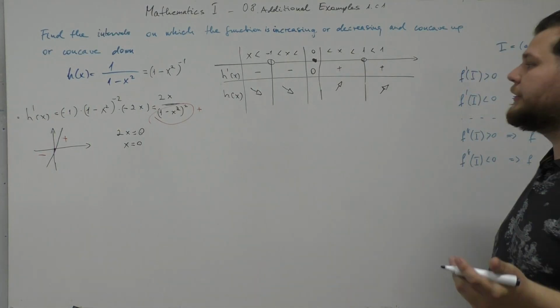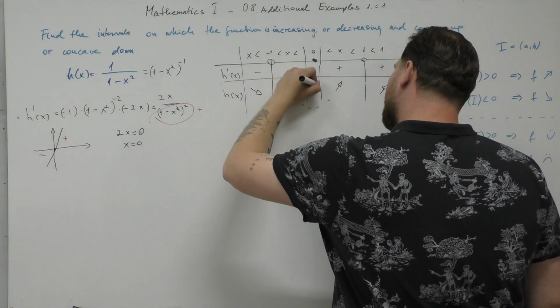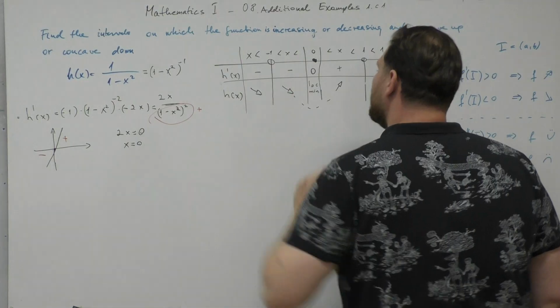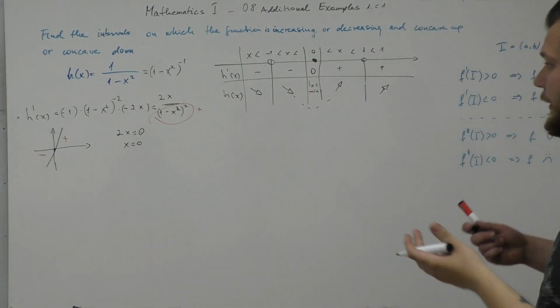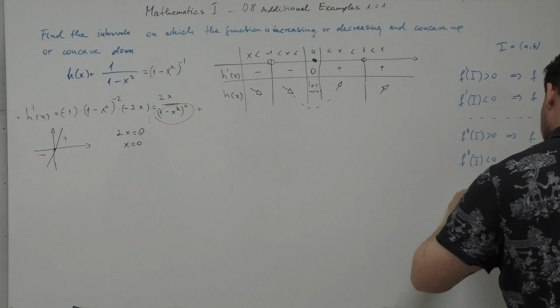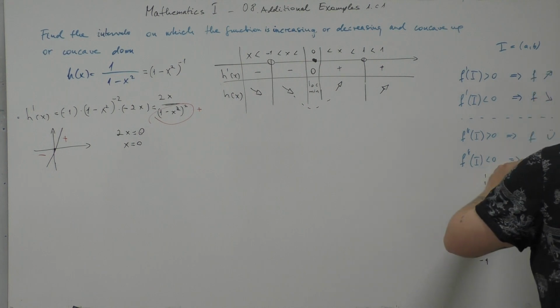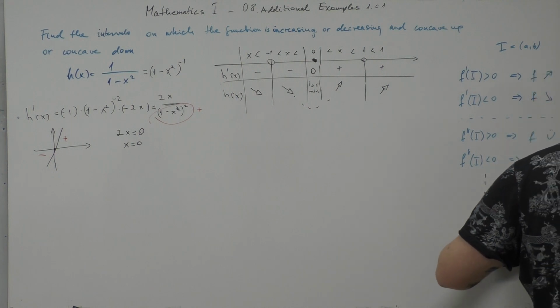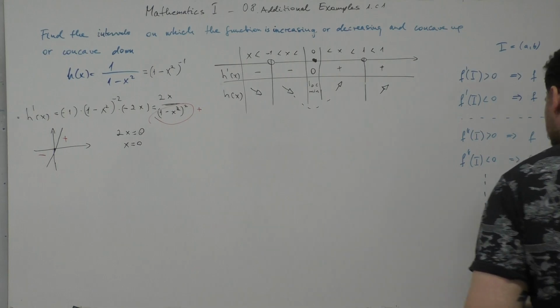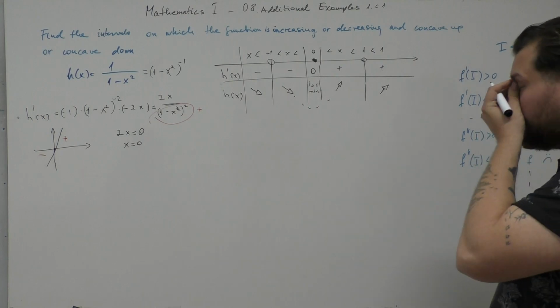Now, it wasn't the question, but we can clearly see that here we have a local minimum. Now, according to the domain, at -1 and 1, we have dashed lines, which cannot be crossed by the original function.